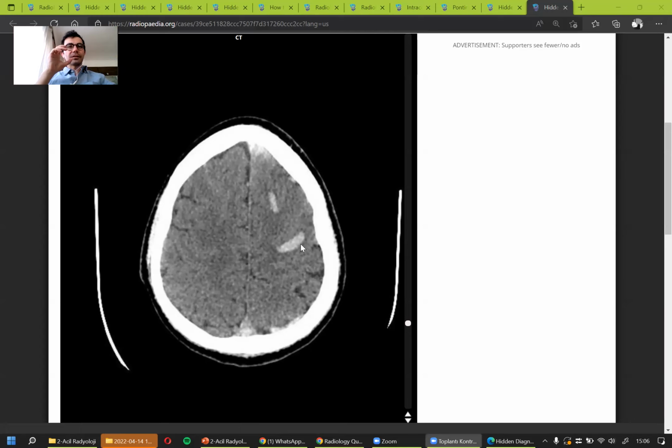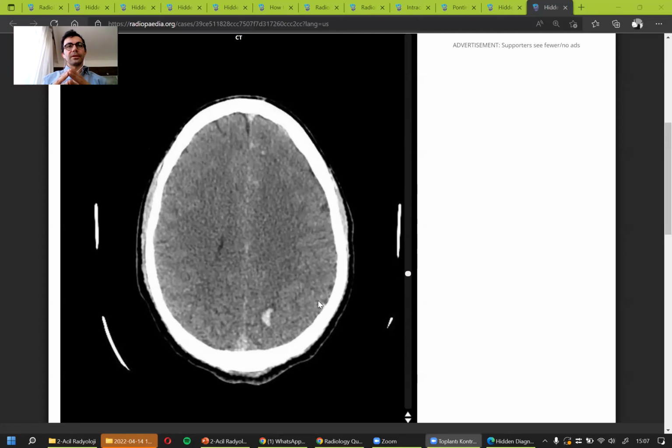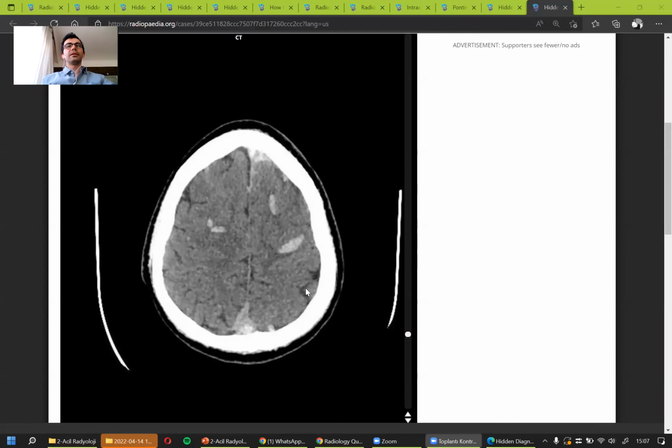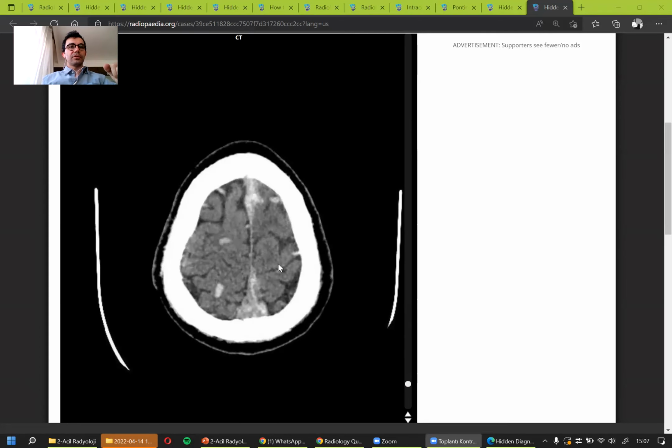But if this is an infarction case which has bleeding inside, we will come to that. Maybe they can be the case as well. But in this case, these are obviously bleeding cases because bleedings are denser than the normal brain parenchyma, and we know the background of this patient as well.